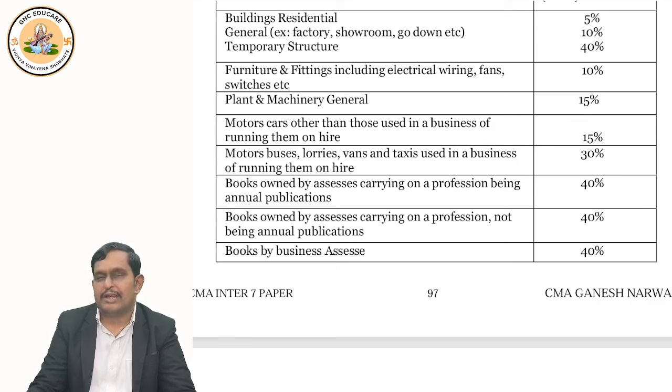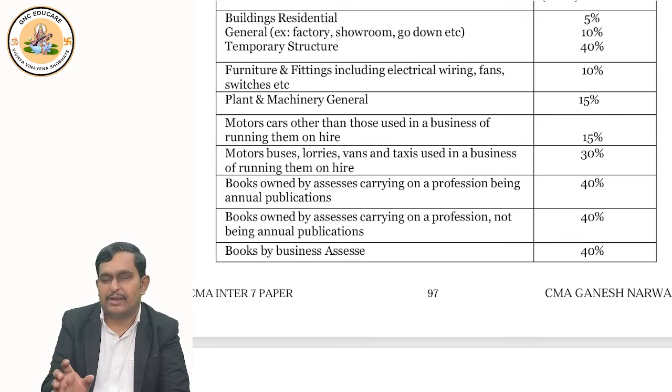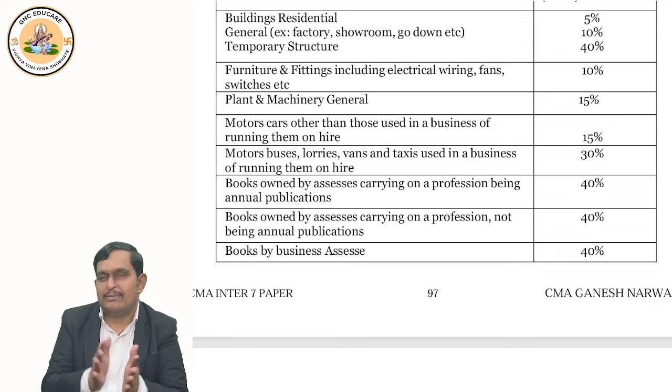But if it is a motor car, a van, a bus, or a lorry for hire, then 30% rate of depreciation. So if it is a motor car, bus, lorry for hire, what is the rate? 30% is the rate, right? So this way you should remember. Motor car other than hire, general rate 15%. Motor car, bus, lorry for hire, 30% is the rate you should remember.